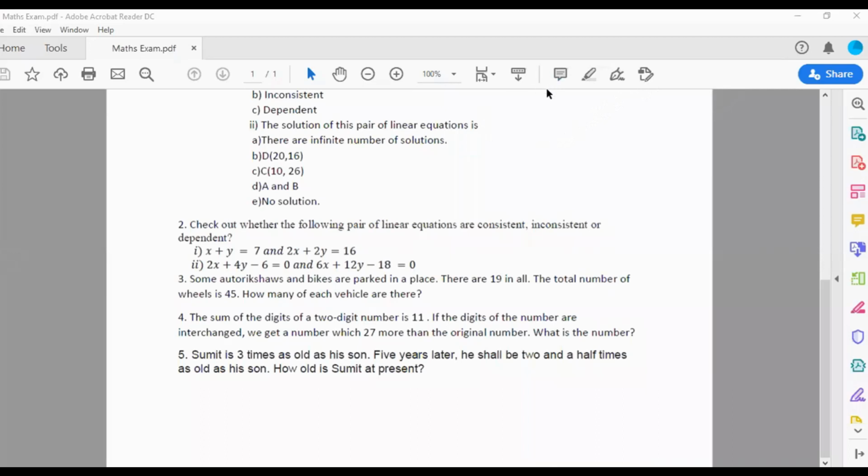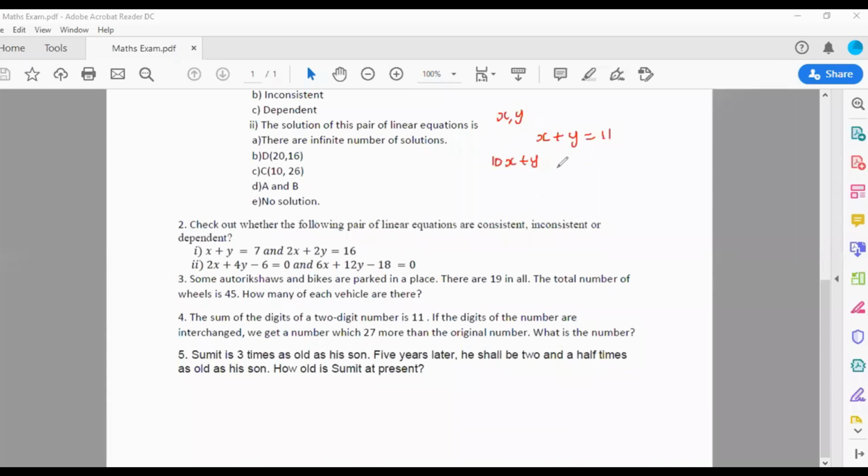We had discussed it in one of the lessons. So the digits of the original number are x, y, with x in the tens place and y in the ones place. The sum of the digits is equal to 11, which means x plus y is equal to 11. If you interchange, the number will be 27 more than the original number. As you know, the general form of a 2-digit number is 10x plus y.